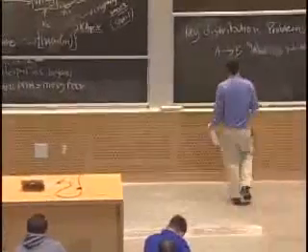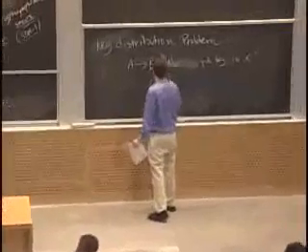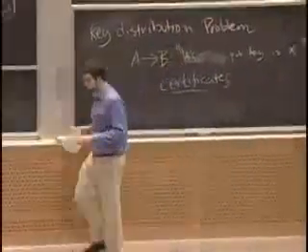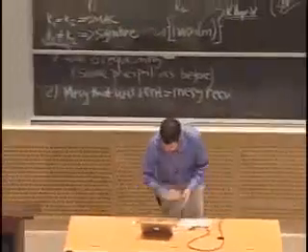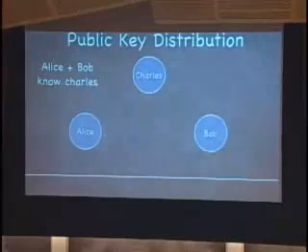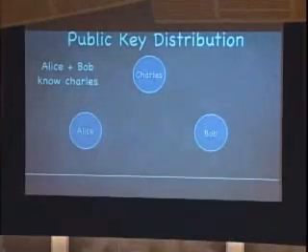Instead, we're going to use a technique called certificates. So certificates work like this. The idea with certificates is that we're going to introduce a third party, which I've shown here as Charles.